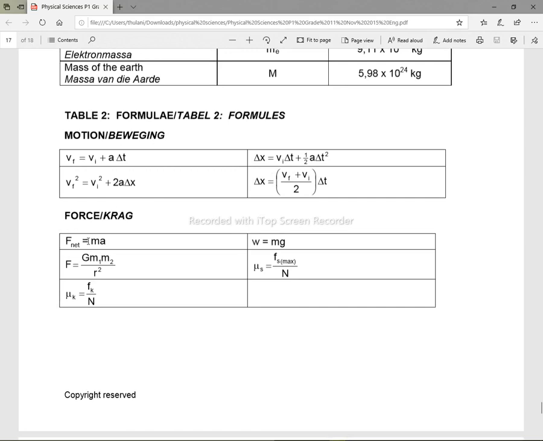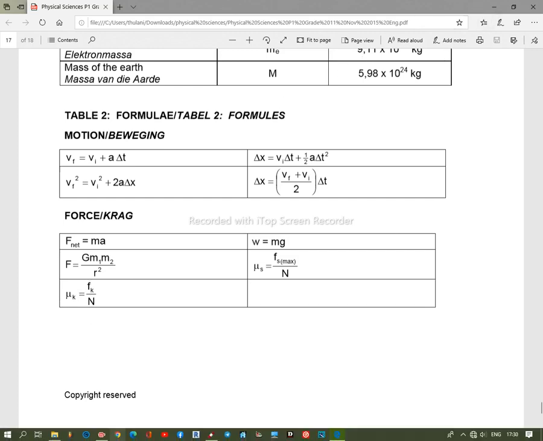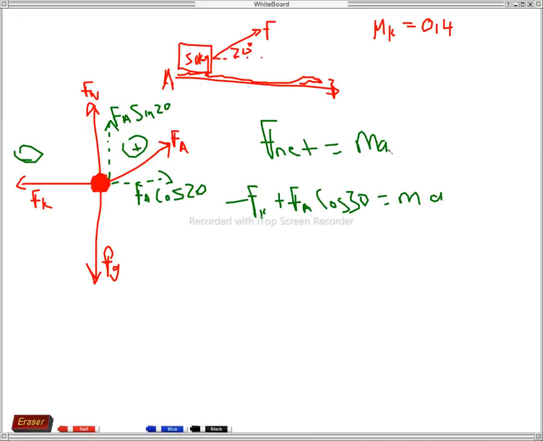So this is the formula that I just used: F net is equal to the mass times the acceleration. And then this is the formula for friction. We can use this formula for friction where mu k is equal to f k over the normal force.